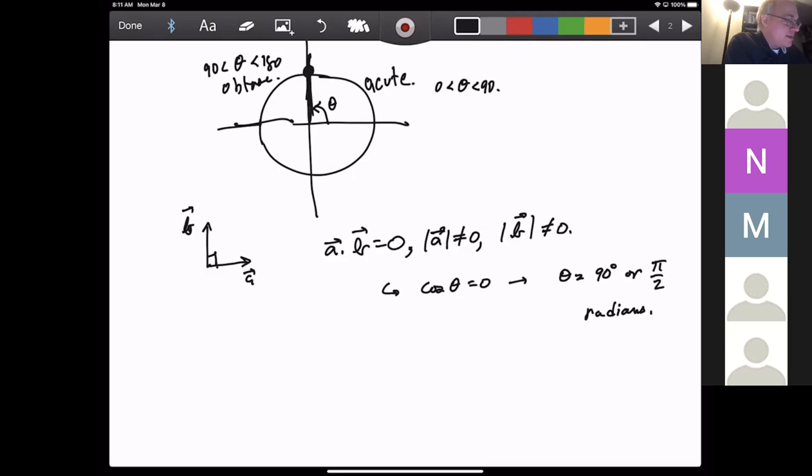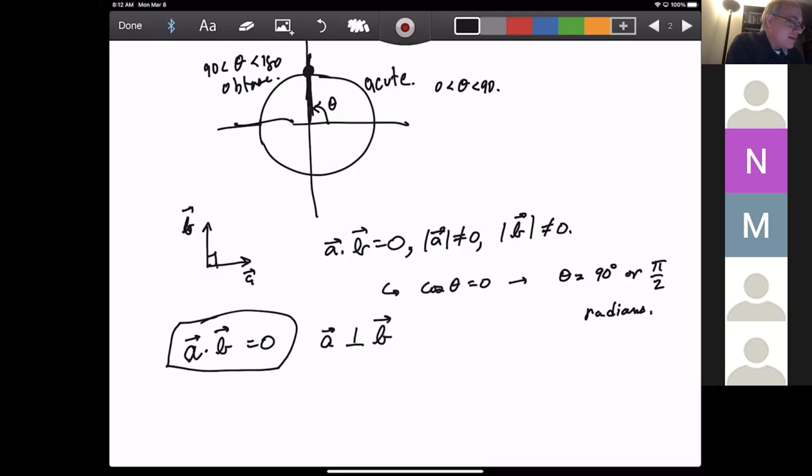So remember that A dot B equal to 0 is your quick way to check. If this is true, then A is perpendicular to B, or the angle that the vectors A and B make is 90°.